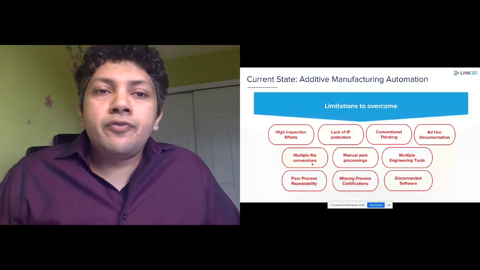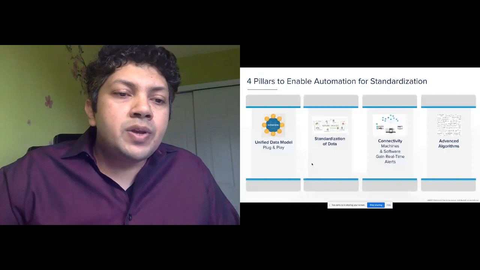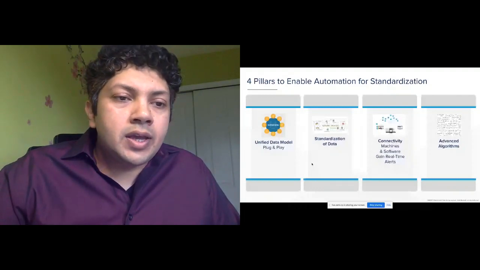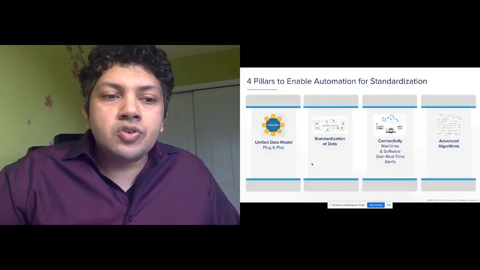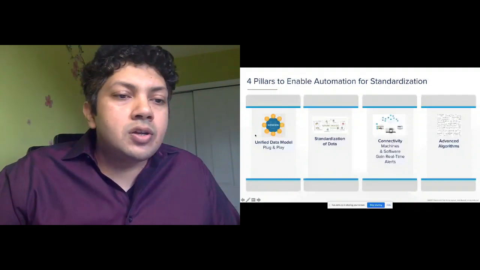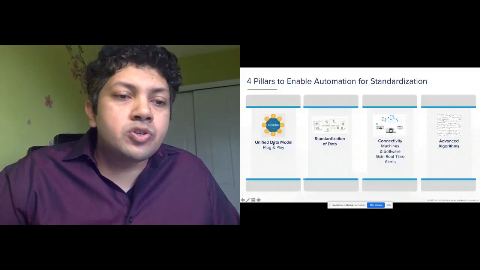We believe that there are 4 pillars to enable automation for standardization. The first pillar is unified data model. As we know, in additive manufacturing, from design to delivery, there are different subsystems through which the part is traveling. Build preparation, CAD design stage, manufacturing stage, post-processing stage.